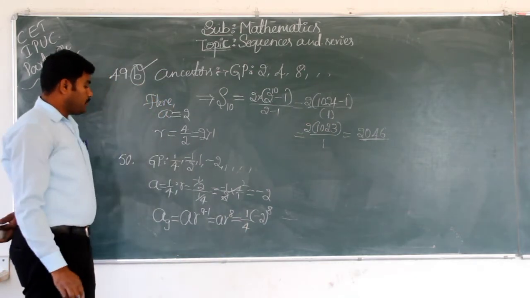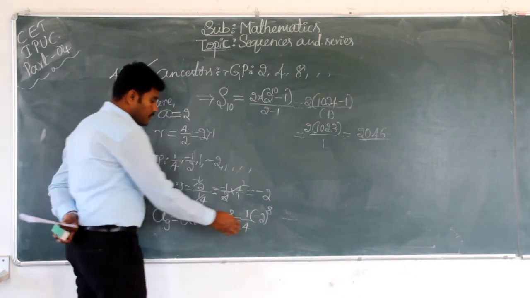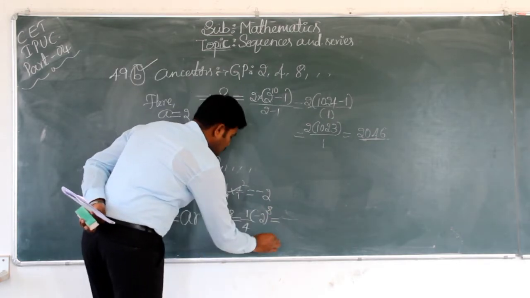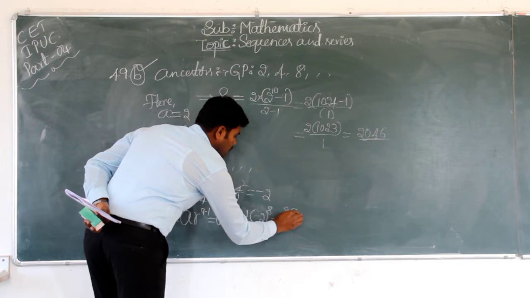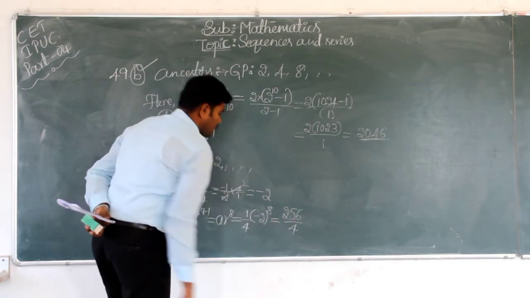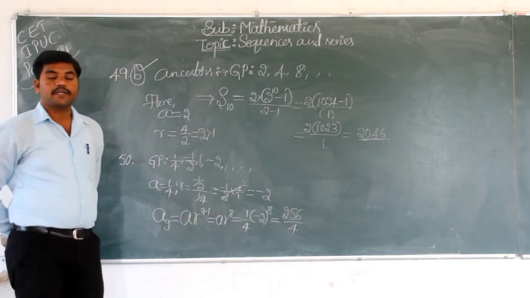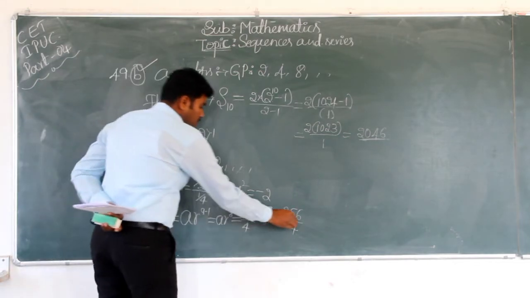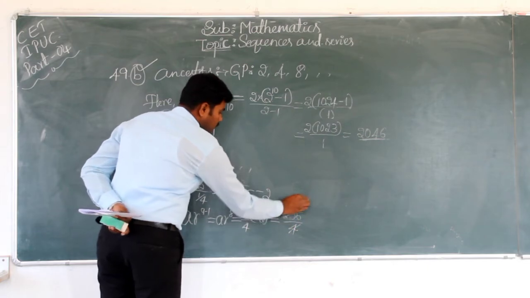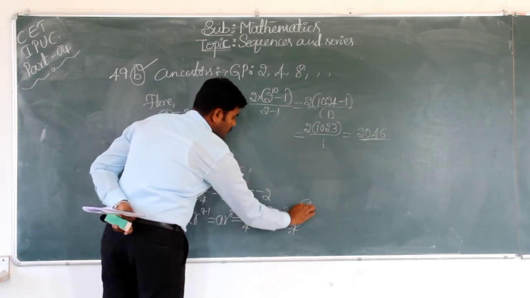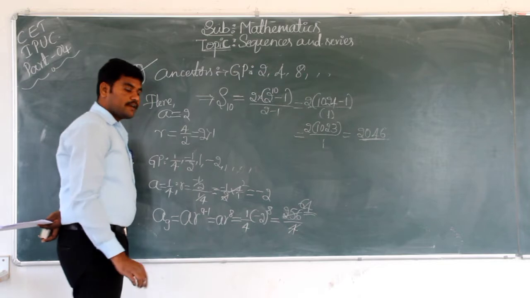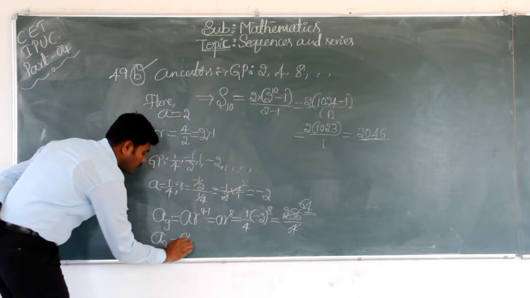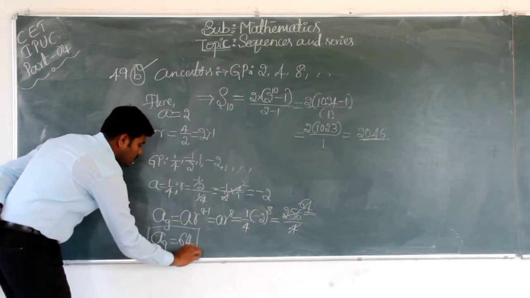Minus 2 to the power of 8 becomes 256. 256 upon 4 is 64. So the 9th term of the progression is 64.